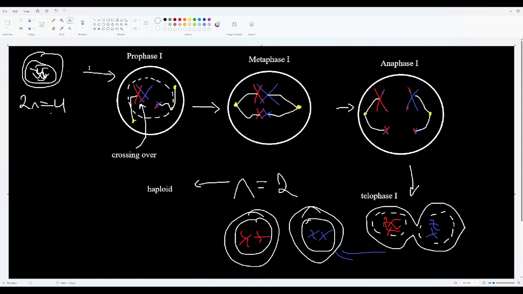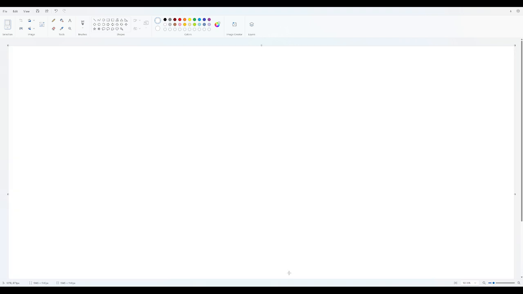Haploid tells us that there's only one set of chromosomes, which therefore means there are no homologous chromosomes. Good. So let's run with this cell, the one with all of mom's genes.